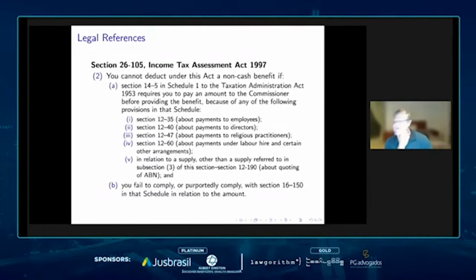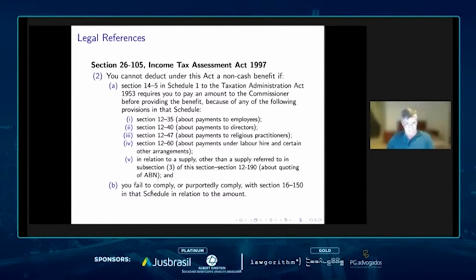When you look at section 26.105 of the Income Tax Assessment Act, as you can see, there are many references. Here we have external references to a different act. Then we have a bunch of references where possibly those sections apply in this particular section.